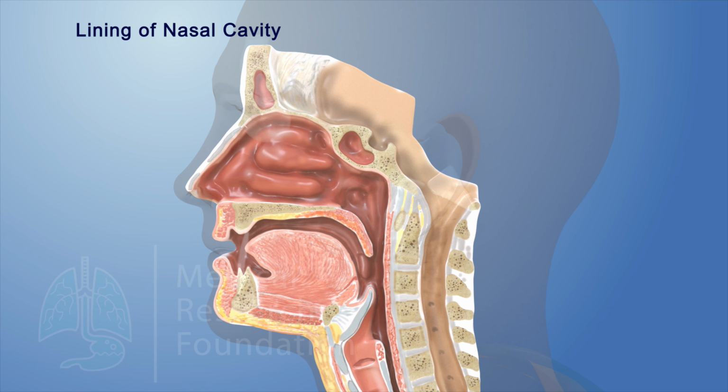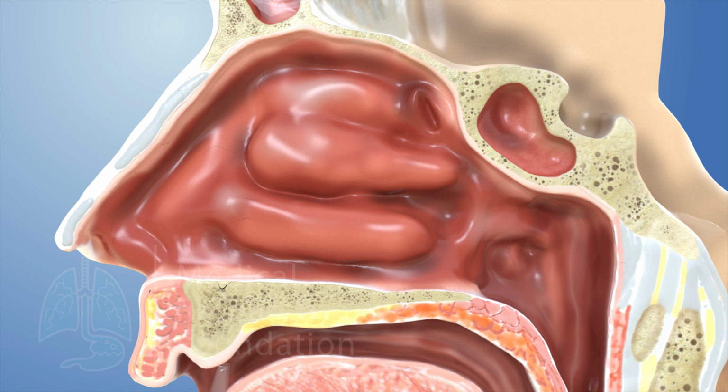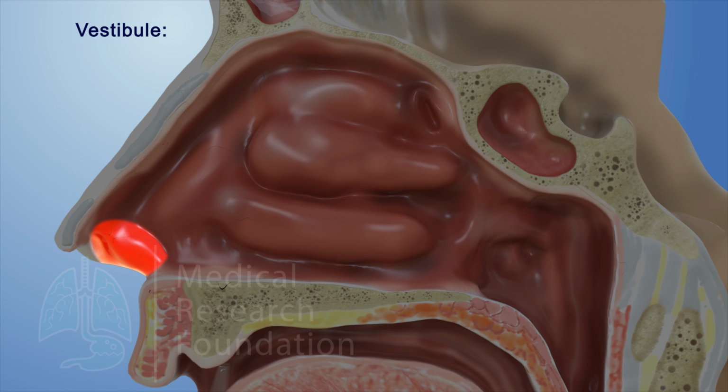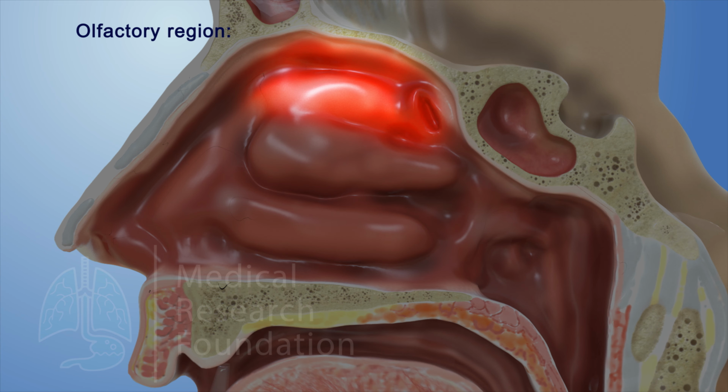Lining of nasal cavity. The lining of the various regions of the nasal cavity is as follows. Vestibule. It is lined by skin containing a large number of sebaceous glands and interlacing coarse hair, the vibrissae. Olfactory region.